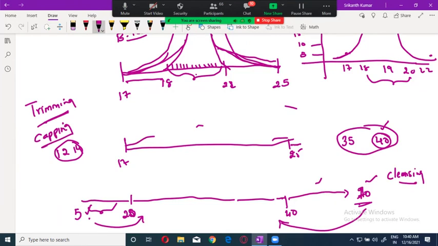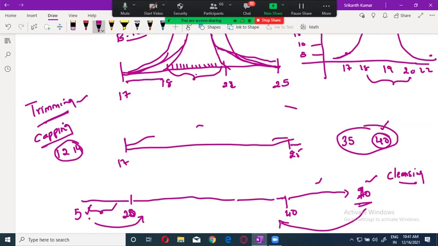Now this we will be doing with the data. Now when you will be doing the trimming or the capping, think that we have a class, maybe like a BTech class, where a huge crowd is there.